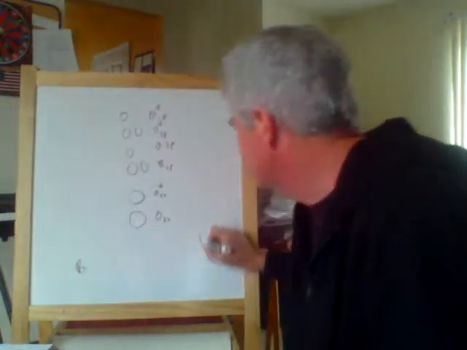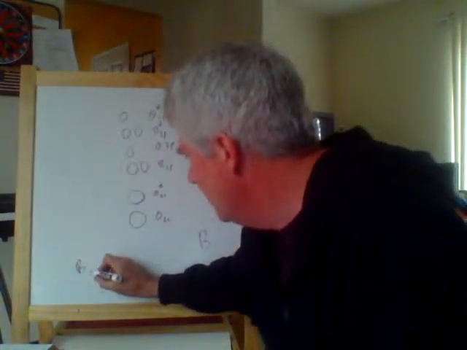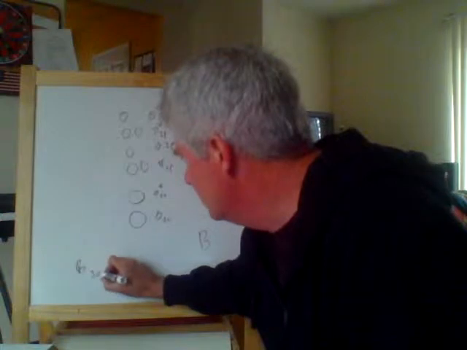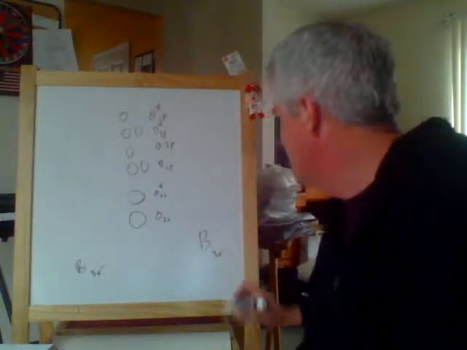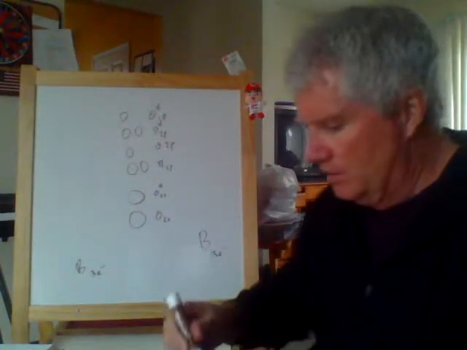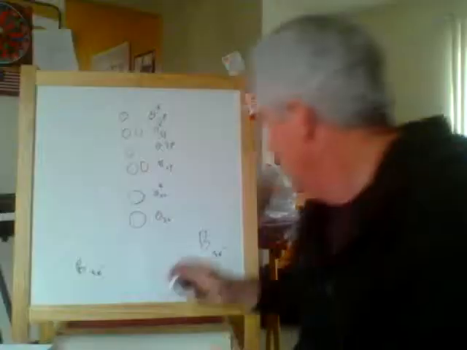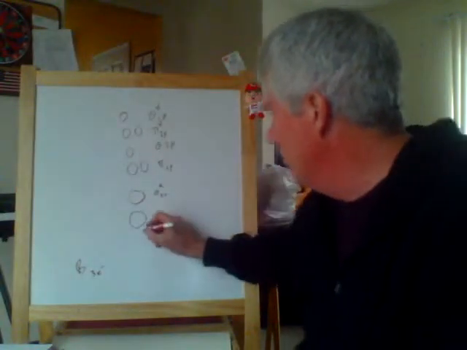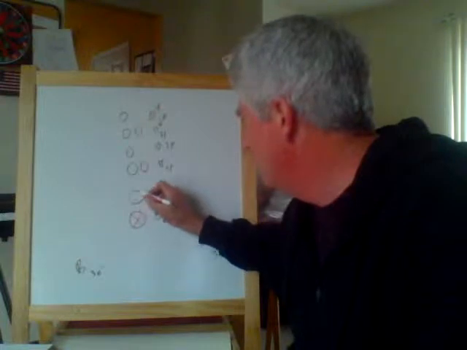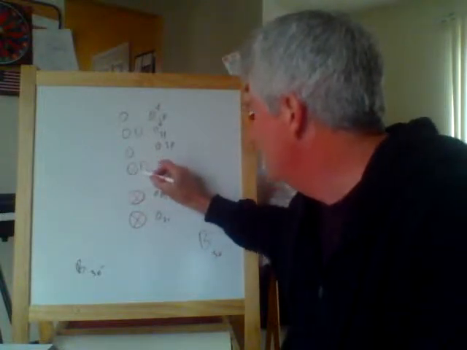Now I want to go back to our example of boron, each bringing 3 electrons. I'll use a different color. When boron fills these orbitals, you'll see 1, 2, 3, 4, 5, 6.